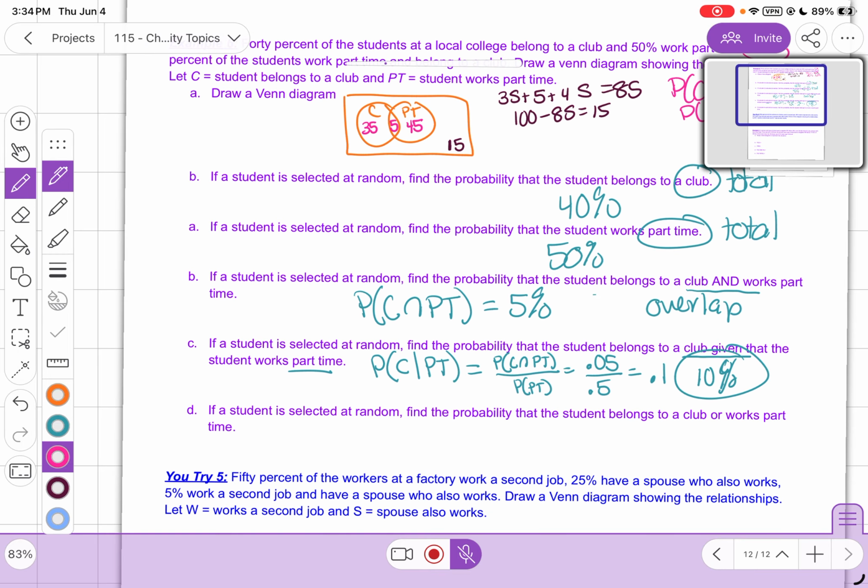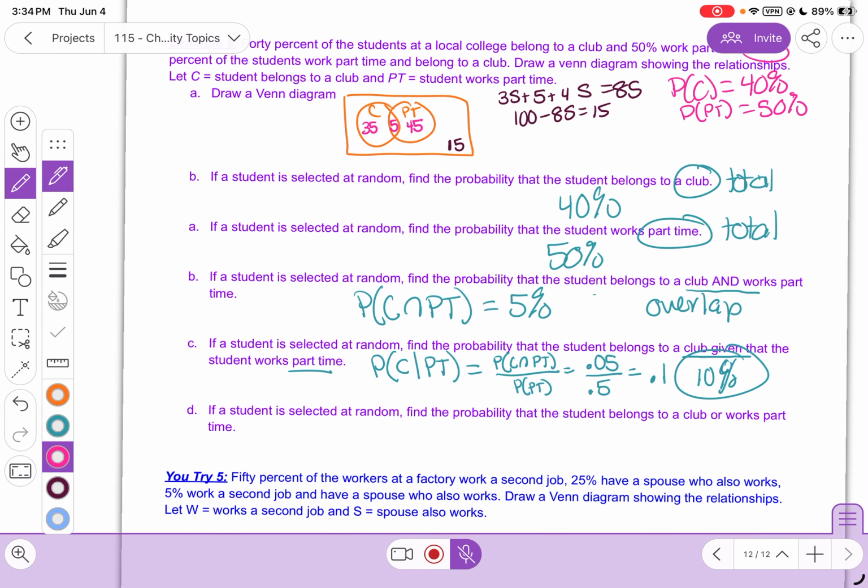All right. Now, if a student is selected at random, find the probability they do the club or part-time. So probability of club is 0.4 plus probability of part-time is 0.5 minus the probability of both club and part-time, which is 0.05.